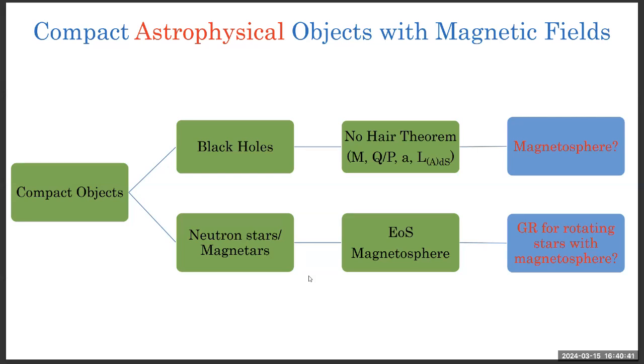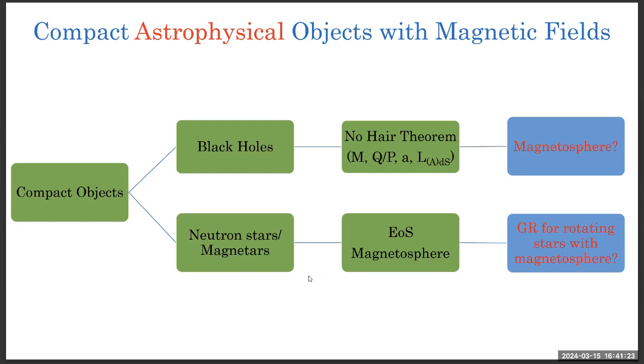On the other hand, for the neutron star or magnetar, we understand its physical properties. It's a really high density matter, a kind of huge atom, an astrophysical scale atom. We have a better understanding of its equation of state and of the magnetosphere. But the real challenge is how to describe this neutron star or magnetar within the framework of general relativity, just because this compact object rotates.